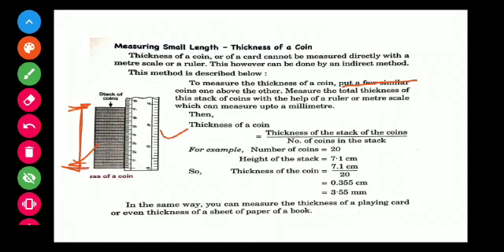The thickness of a single coin is equal to the total thickness of this stack divided by the number of coins in the stack.